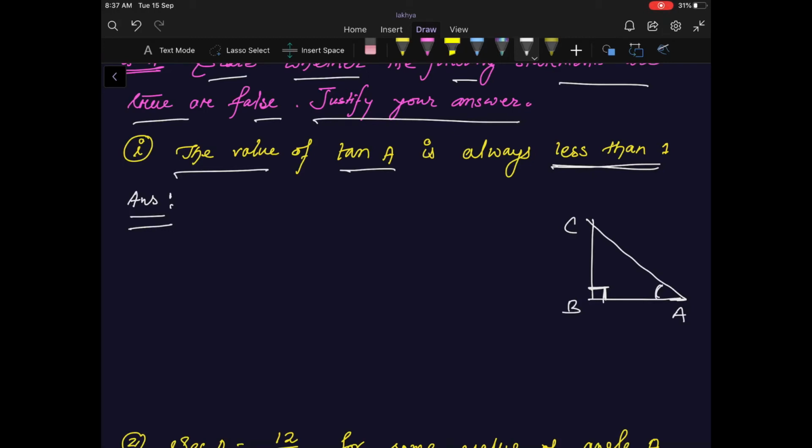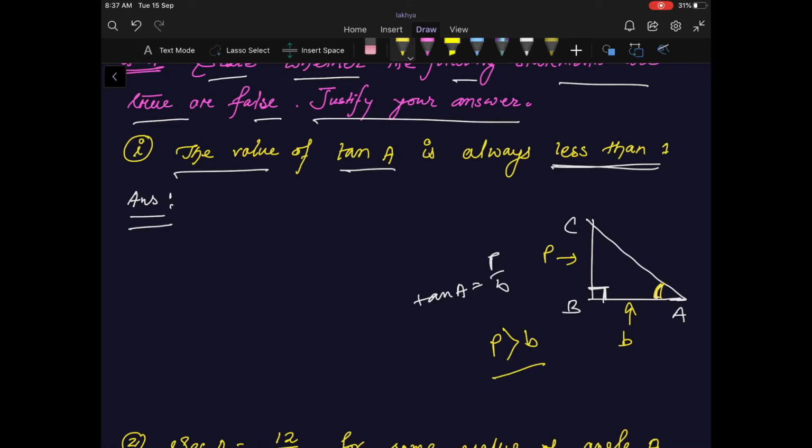We know that tan A is perpendicular by base. With respect to this angle, BC is perpendicular and base is AB. It is possible to have a triangle where perpendicular is greater than base.